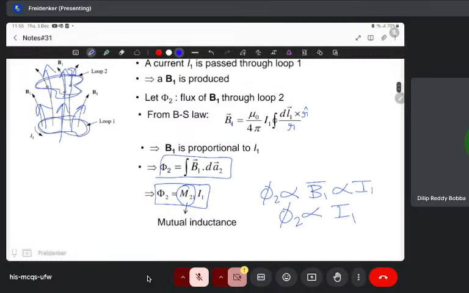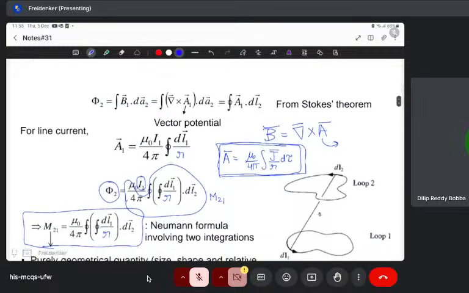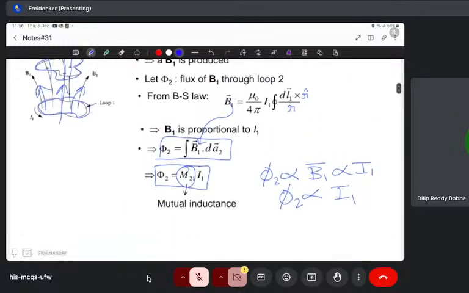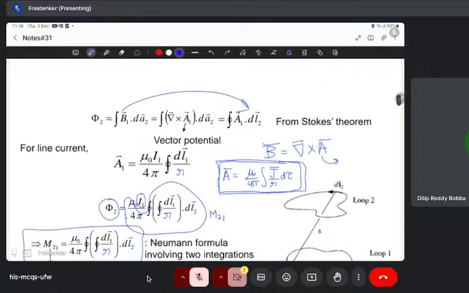We kept this B1 here. We just used Biot-Savart's law. Okay, they just converted B to A. That is also fine. You could have simply replaced this, no? Okay, Biot-Savart's law, you have all of this, no? You don't want all of that. Fine.